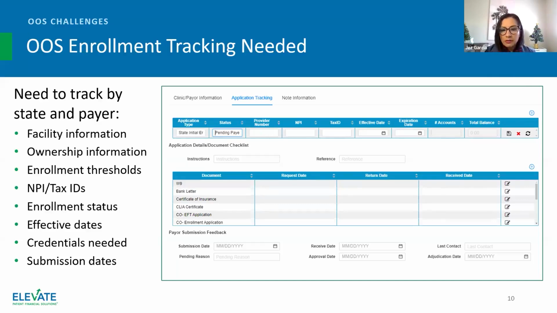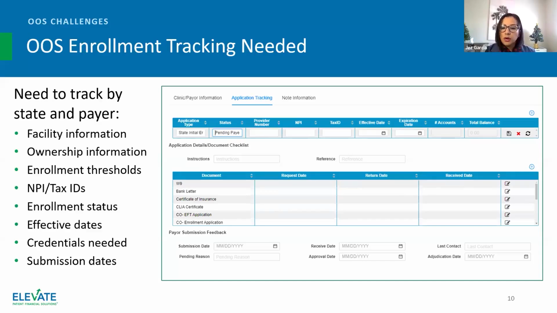Who are the providers that are listed when it comes to enrollment? If that particular state requires the facility and the physicians to be enrolled, that means it needs to be all of the physicians that are listed on that claim. So if you have 5, 6 different physicians listed on that claim, especially for some really high dollar accounts, all of those physicians that are listed on the claim do need to be enrolled.